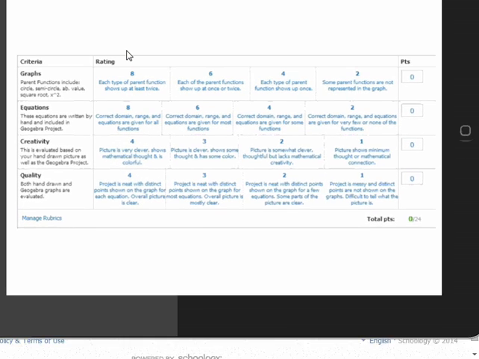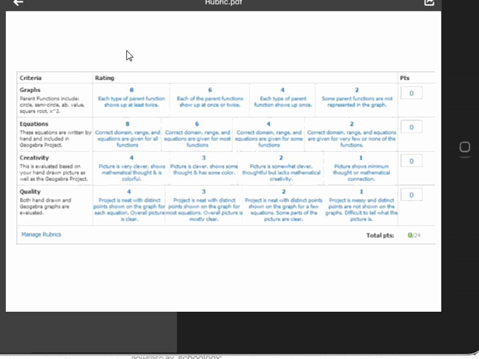The rating of 8 points, 8 points, 4 points, and 4 points. Notice creativity's only got 4 points. So if you're terribly not creative, the worst scenario is that if you do everything you're supposed to do and you make it clean and everything, the worst you can do is lose 4 points on creativity. And realistically, we usually would give you 1 point just for doing something.